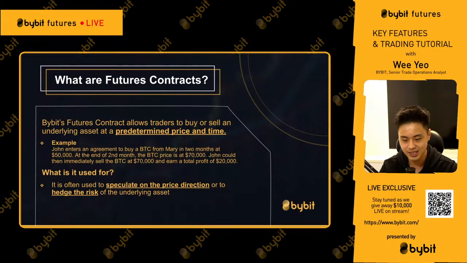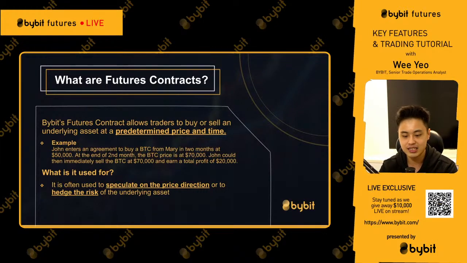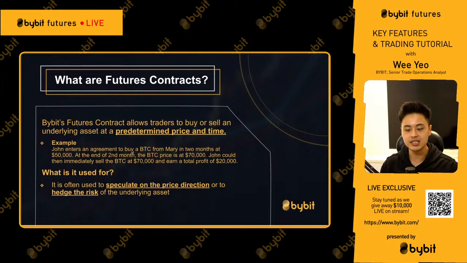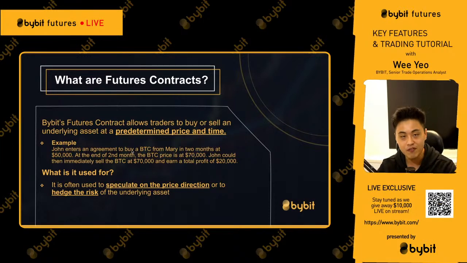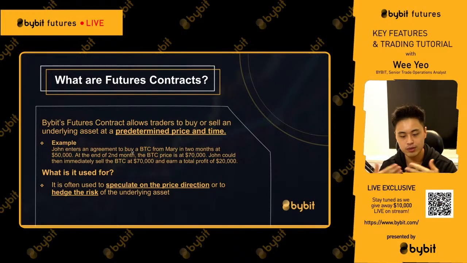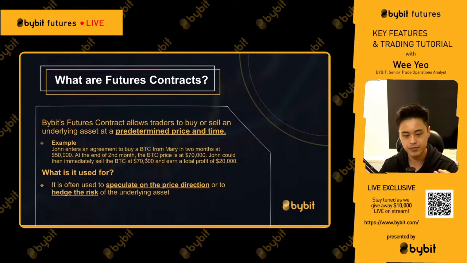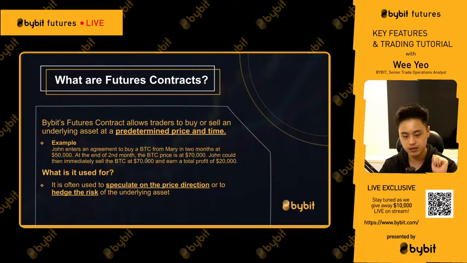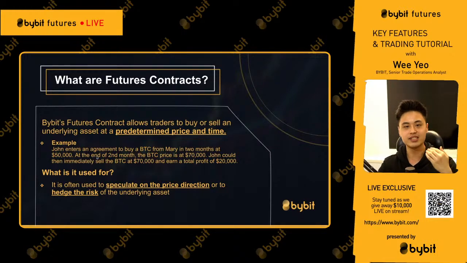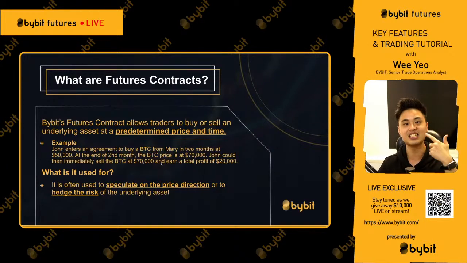John entered an agreement to buy a BTC from Mary. The two of them make an agreement between them, and this agreement is going to happen in 2 months' time at a price of 50,000. At the very end of the second month, the BTC price is at 70,000.